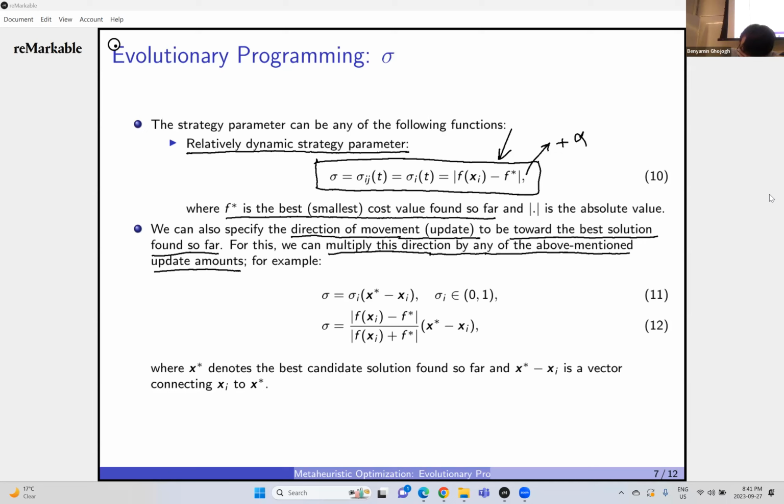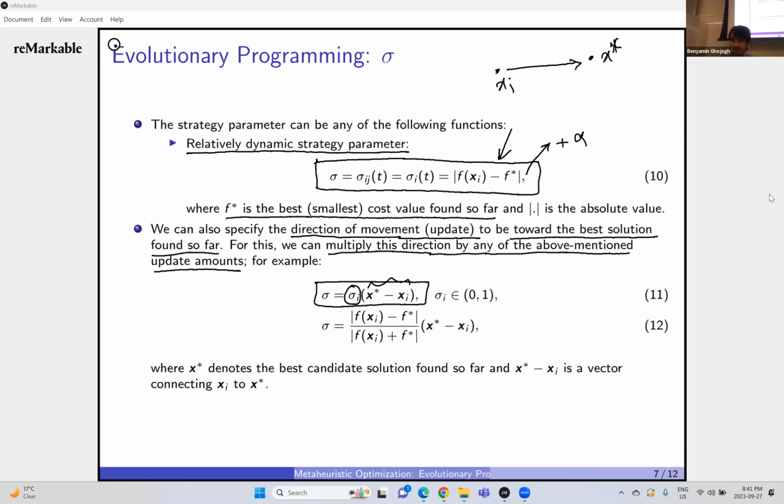For example, I can use this. What is this direction? X star minus xi. That's the vector connecting xi to x star. X star is the best solution found so far, or the best candidate solution found so far.